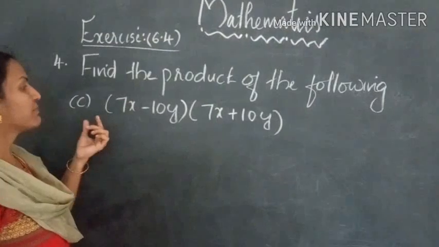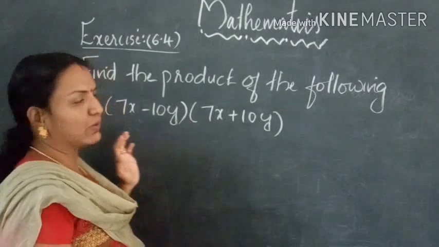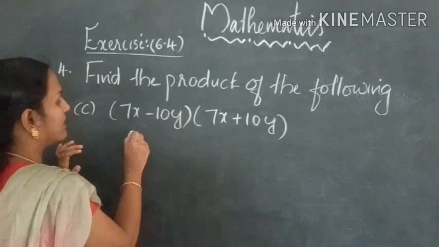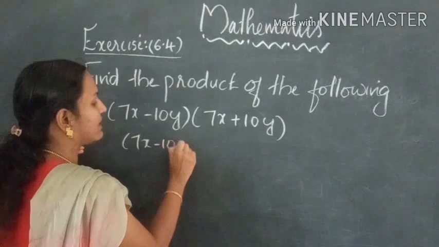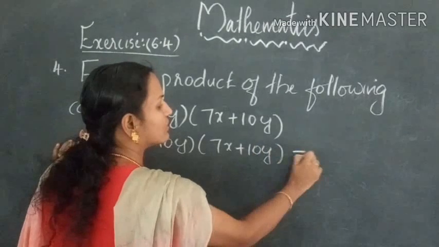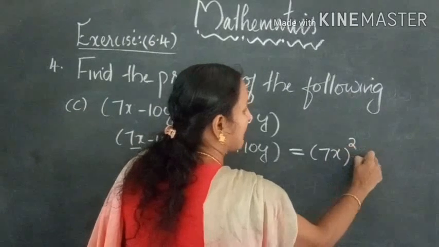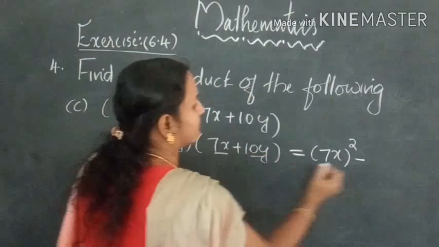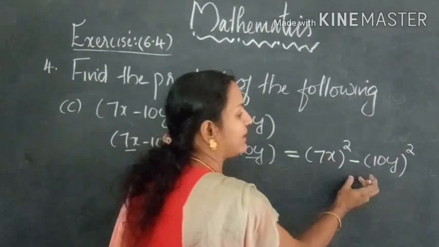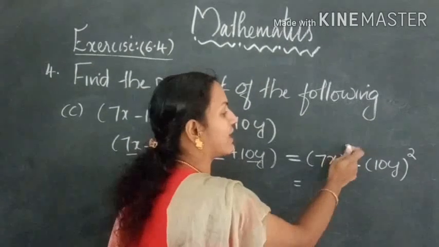And option C, (7x - 10y)(7x + 10y). So (a - b)(a + b) is a square minus b square. Here the first term is 7x, so (7x) square minus the second term (10y) square. (ab) the whole square is a square b square.